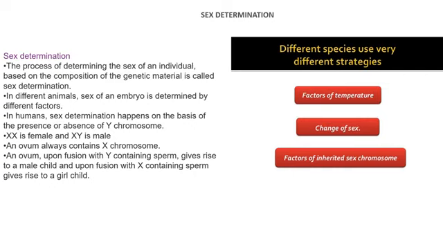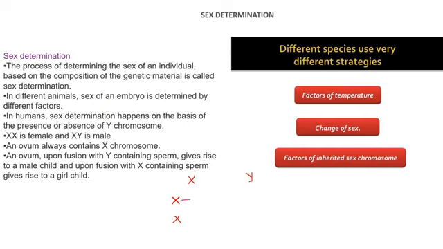Okay, so a male carries X and Y, and a female, we know, carries X and X. Female has only one type of chromosome, that is X chromosome and X chromosome, whereas males have X and Y chromosomes, right?